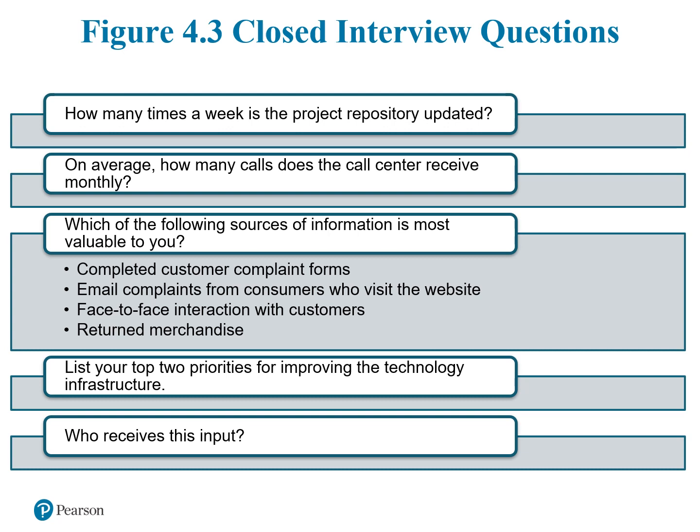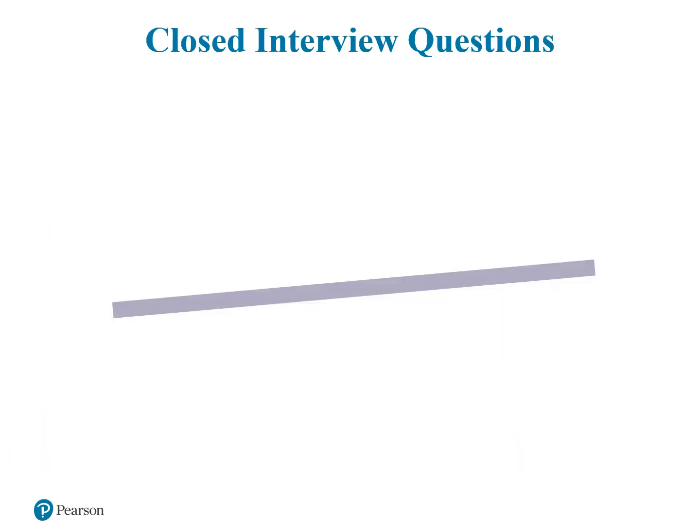List your top two priorities for improving the technology infrastructure. Sometimes we give a list and ask them to click an option. Who receives this input? We expect short answers, or sometimes we give them options for the answer.